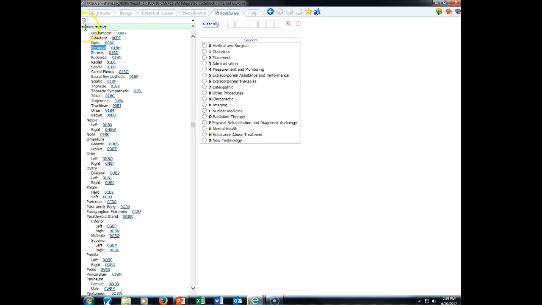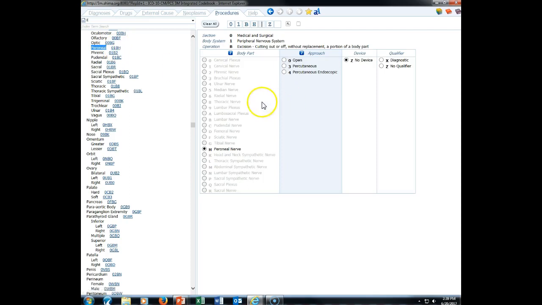That easy. Once we can determine the root operation and the body part, then we can get to the code. When we get to that table, what is our approach? We said our approach was percutaneous, and this was diagnostic. So we know that our code is 01BH3ZX. Okay?